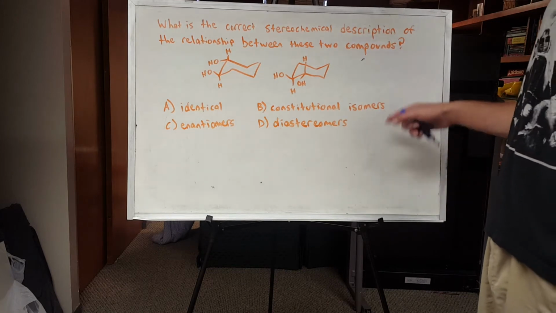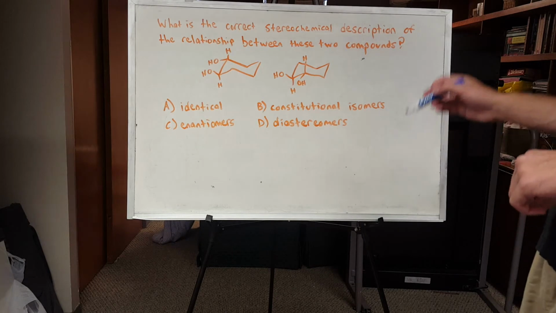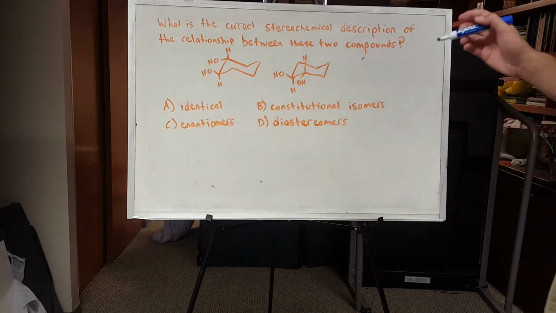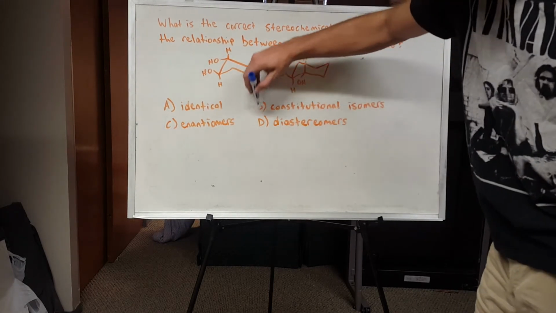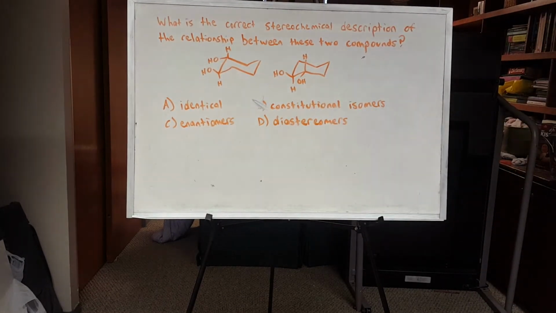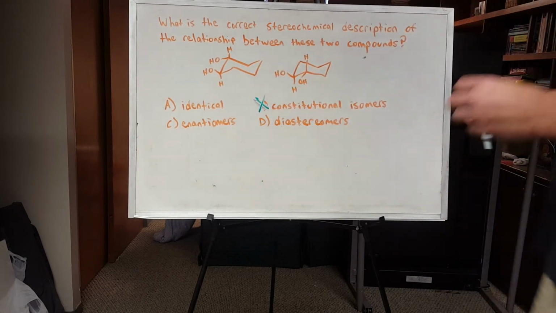Constitutional isomers are compounds with the same molecular formula, but the bonds vary in which atoms are attached to which atoms. So it's not B.